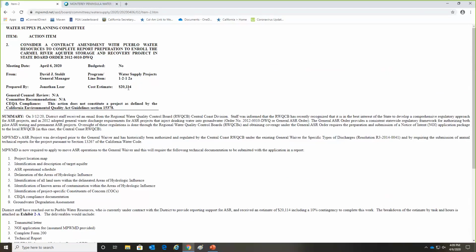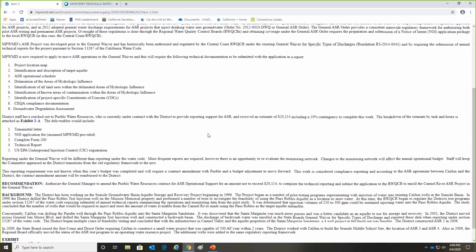program, there'll be an application fee and an annual fee in order to participate in the program. And this program is specifically for injecting of treated drinking water. And there is required a technical report with very specific requirements to submit, and we are going to have Pueblo Water Resources prepare that report.